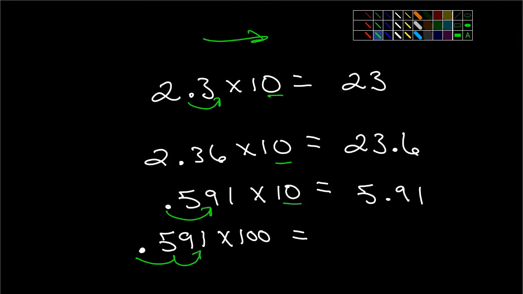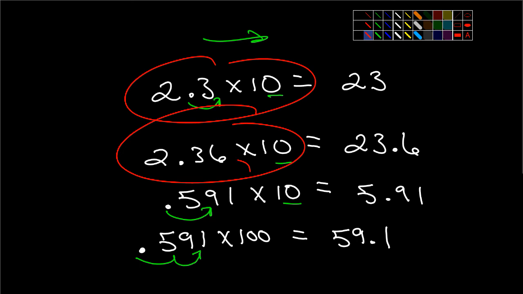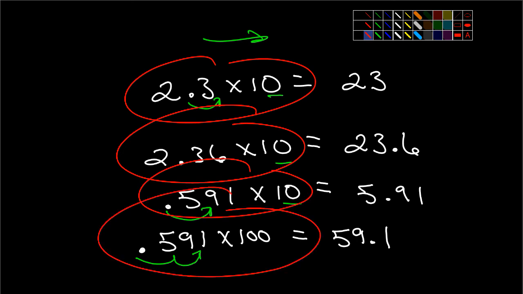So it would become 59.1. So when you multiply whole numbers by the power of 10, you just add that many zeros. If you're multiplying decimals, then however many zeros there are, 1, 2, 3, or 4, or whatever, you move the decimal that many places.